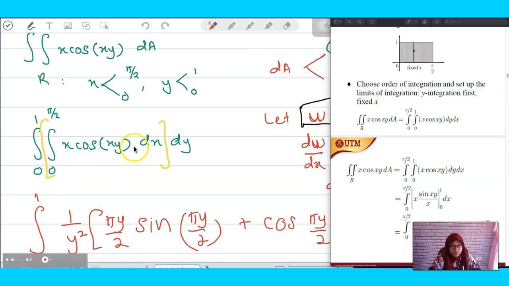So how can you eliminate the x? You should divide this by x, so that x and x cancel out. But you cannot integrate something with respect to x, otherwise you will get y.